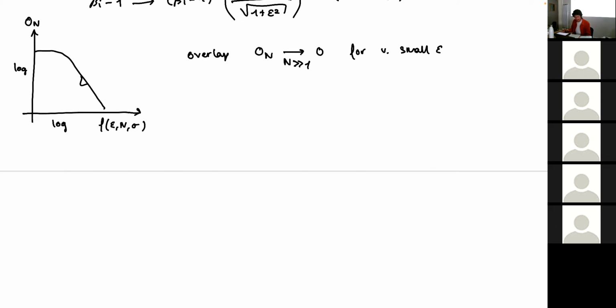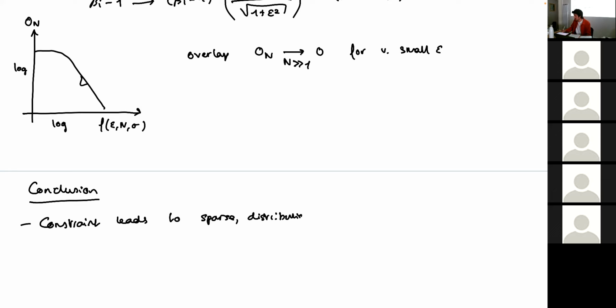And so with this, I think it's a good time to sum up what we've talked about and what we found. So essentially, the constraint leads to sparse solutions, also actually quite significantly distribution dependent, which is not usually the case for very large systems.